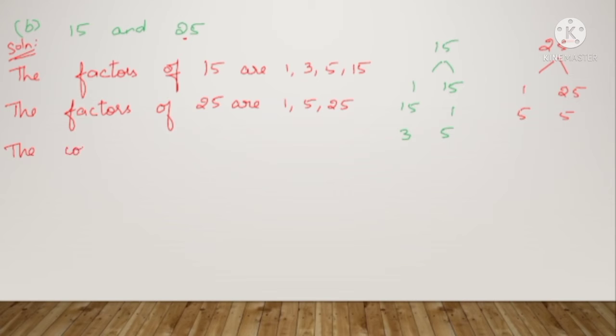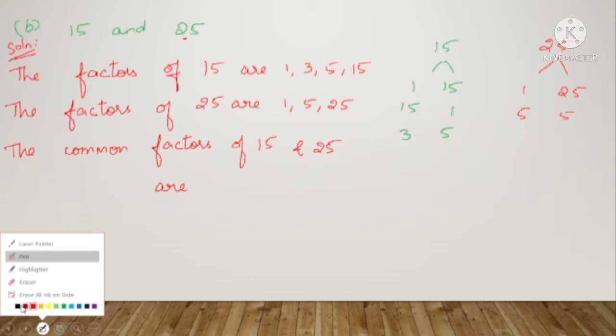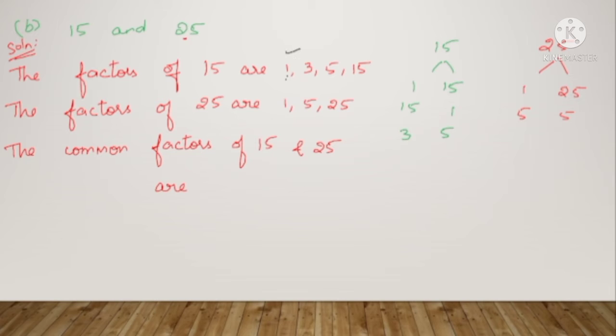The common factors of 15 and 25 are, so what are the common factors? 1 and then 5, isn't it? So 1 and 5. So this is the answer for subdivision B.